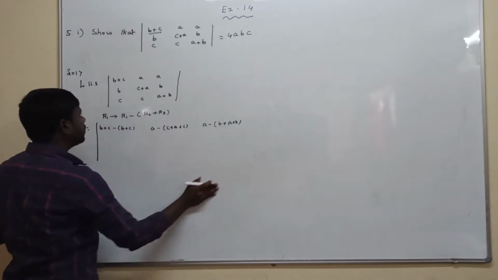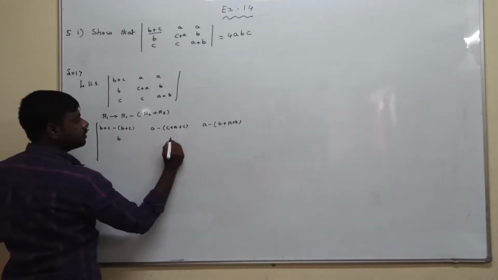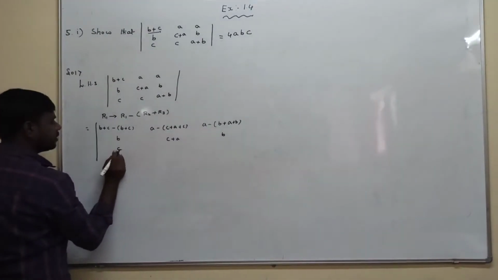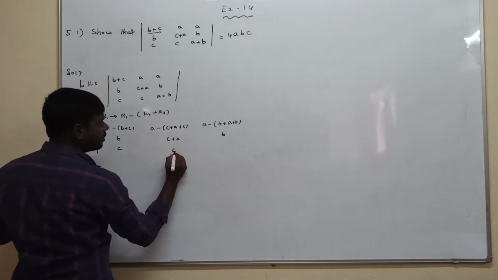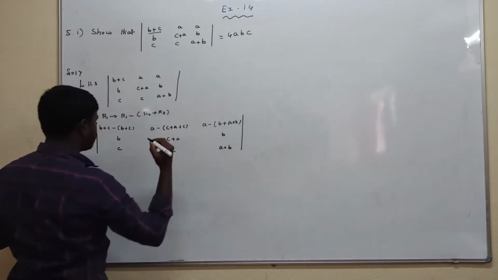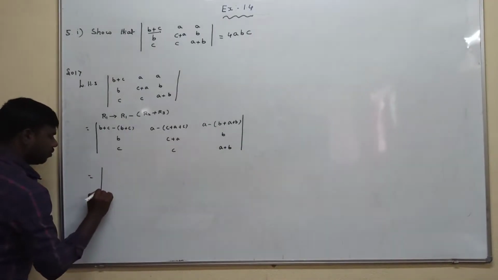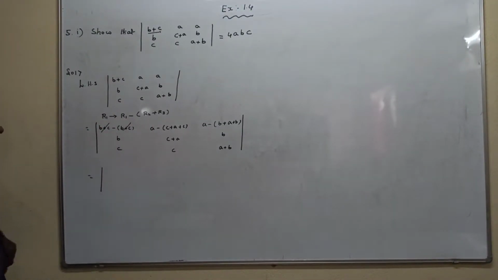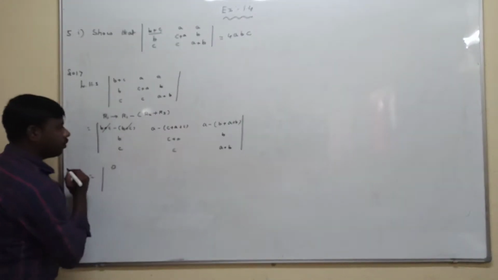The second row does not change, as we write it: B, C plus A, B, C, A plus B. Now simplify this. B plus C minus (B plus C) gets cancelled, so that value is 0.